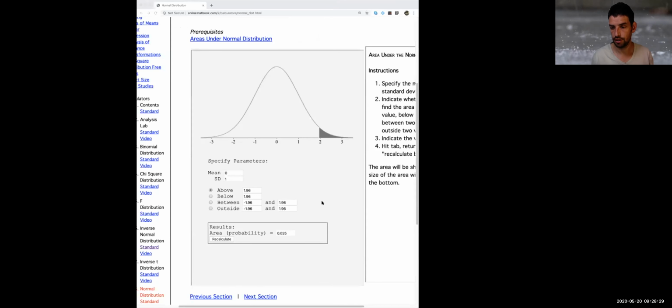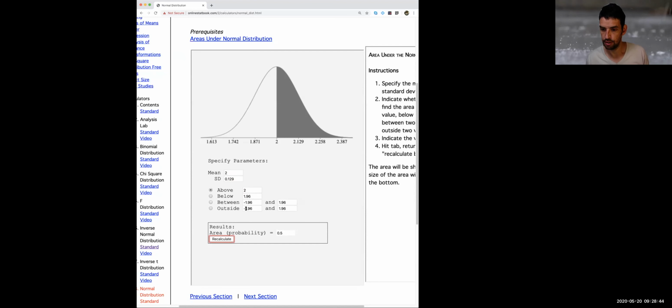Our mean was 2. Our standard deviation was 0.129. We want to know the probability of being above 2. And this is a fairly obvious answer once we see it, because 2 is our mean, right? Then the probability we're looking at is exactly half, because the mean is right in the middle.